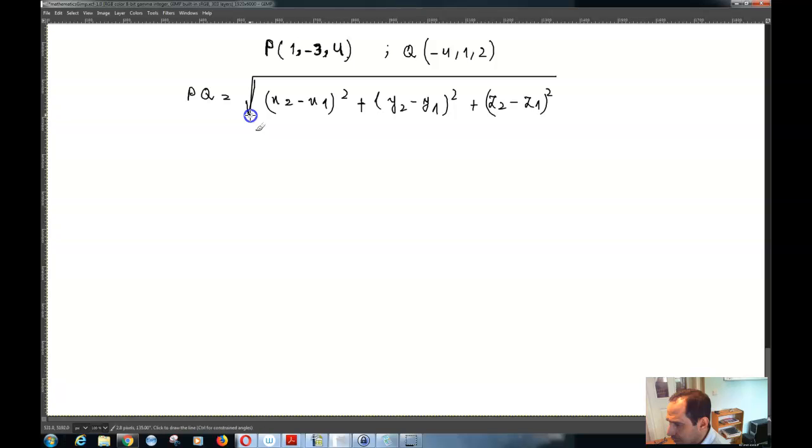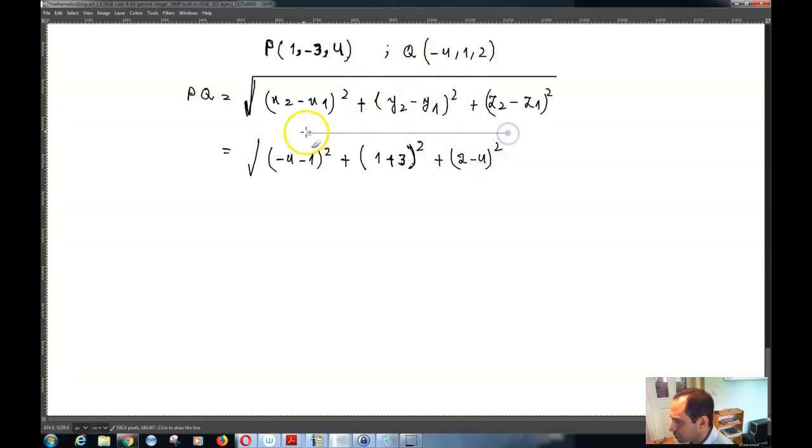So what this is equal to, taking this as point 2 and this as point 1: -4 minus 1, whole squared, plus y2 minus y1, 1 plus 3, whole squared, and 2 minus 4, whole squared.